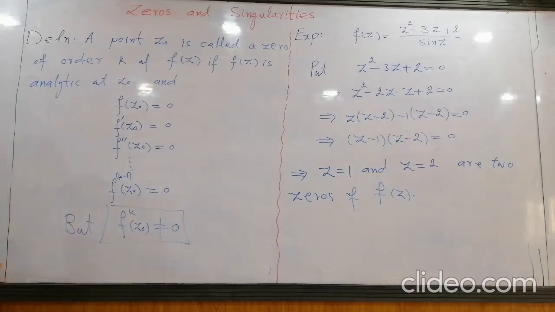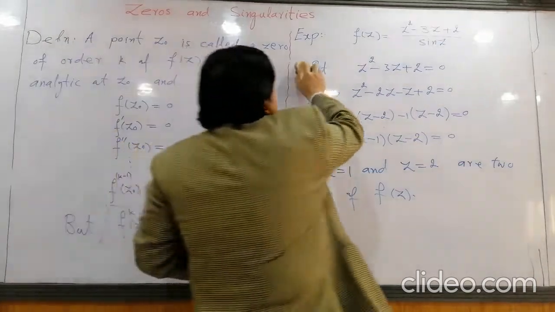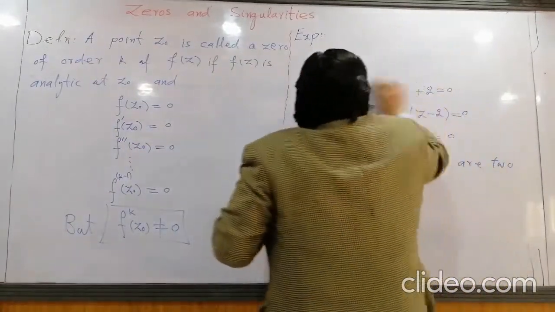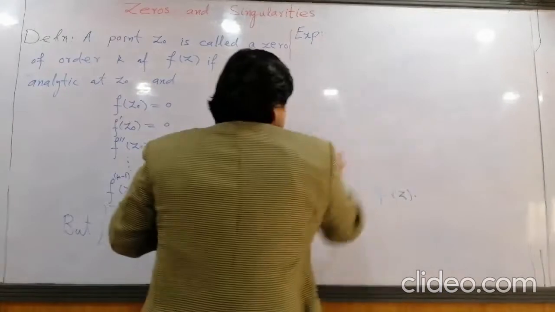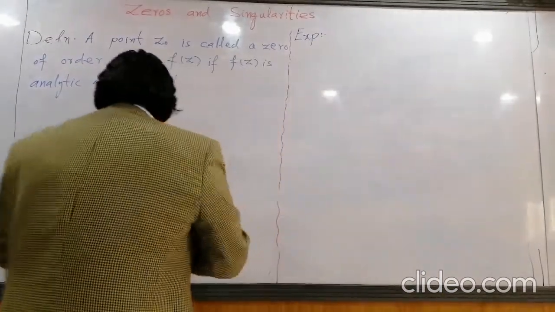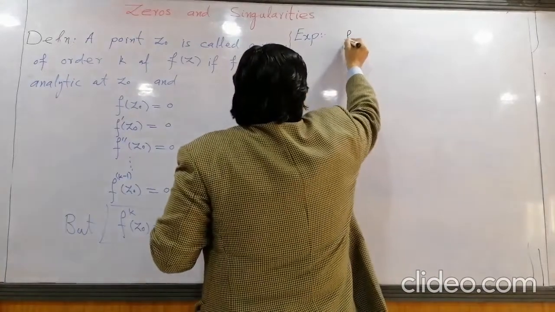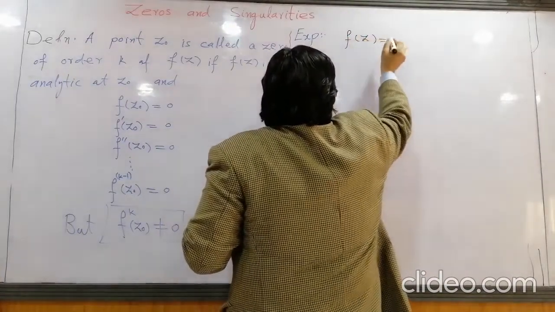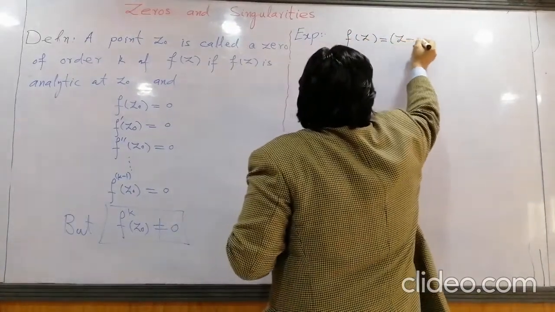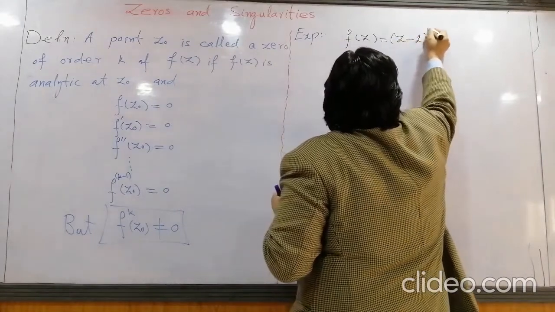So let us explain it by some examples. Let us take a function f of z is equal to z minus 2 whole power 3.